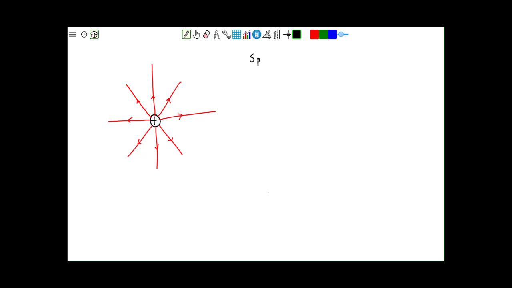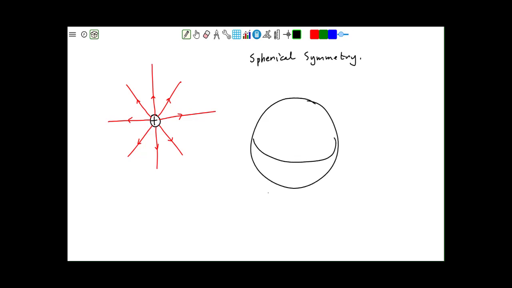Well, what do we mean by spherical symmetry? Let's take a look at a sphere. Here's our sphere.